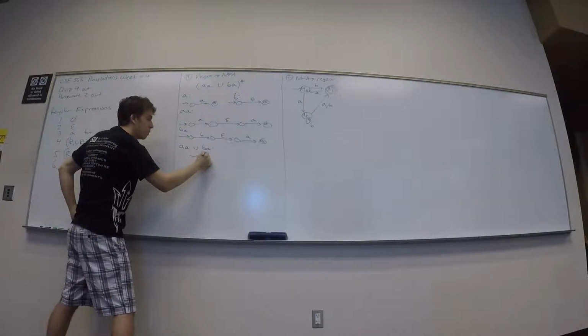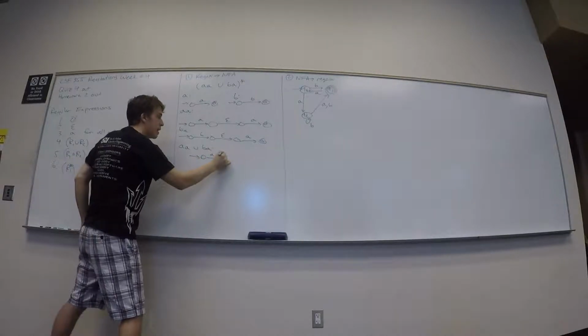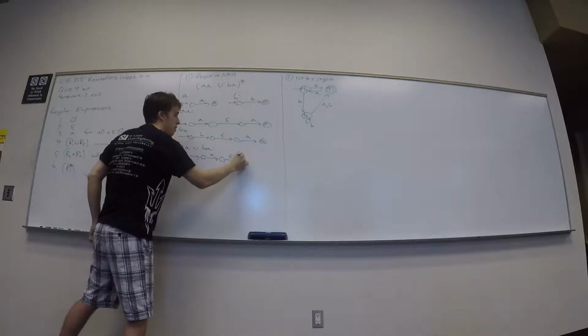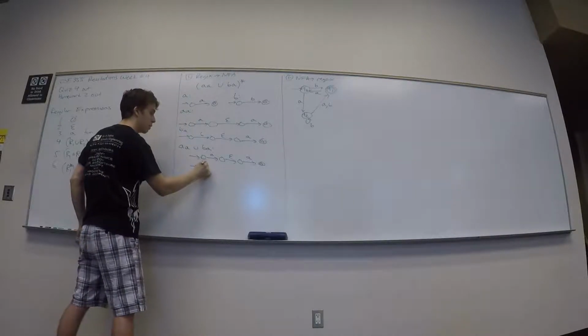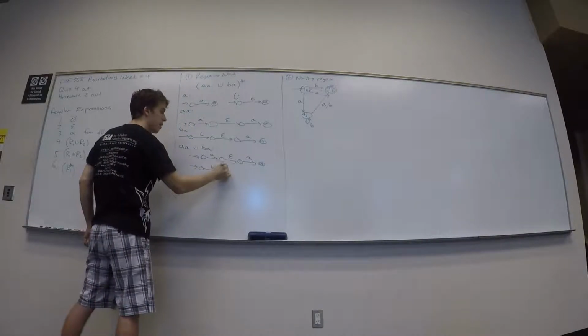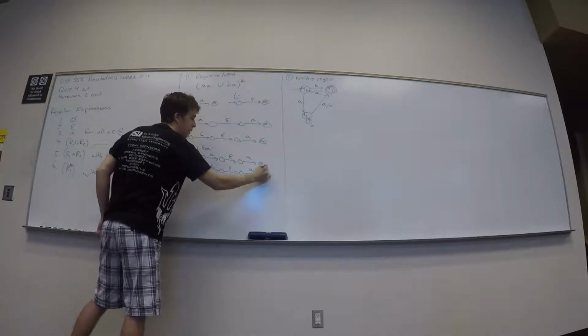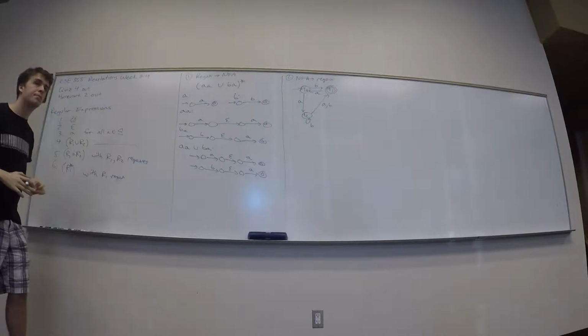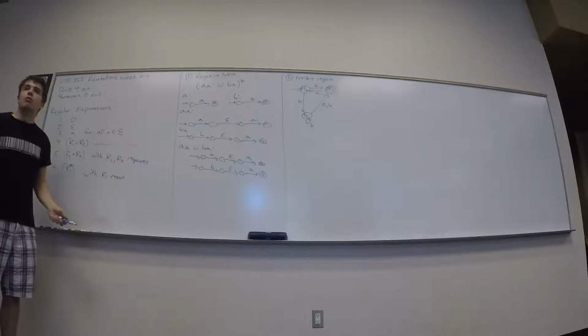So that's what I'm going to do. Oops. Should be a state. A, epsilon, A. B, epsilon, A, accept. Okay. Well, how do I do the union of these two?